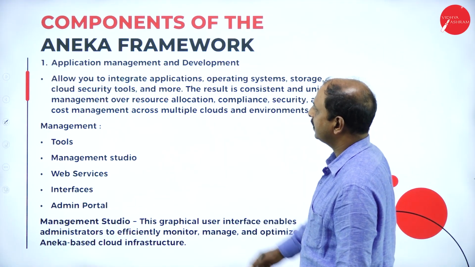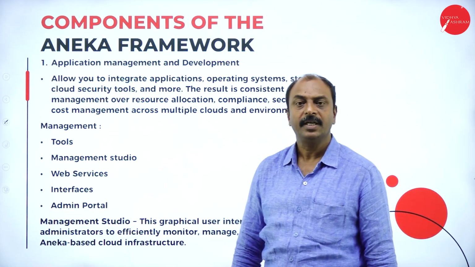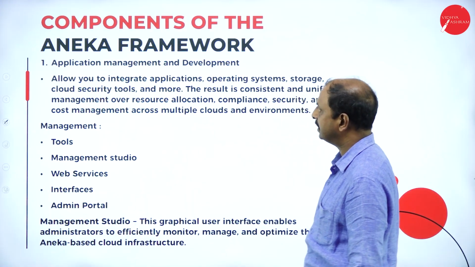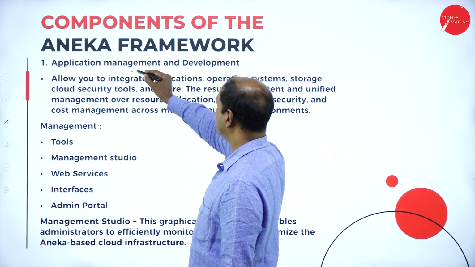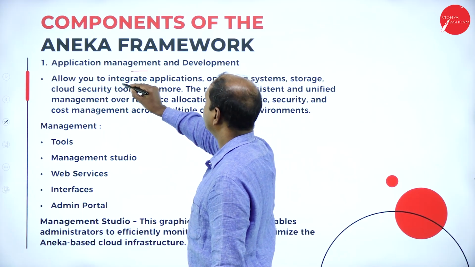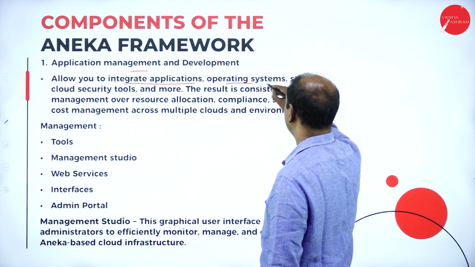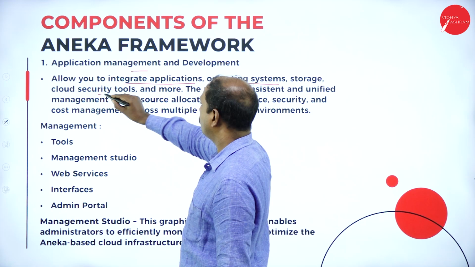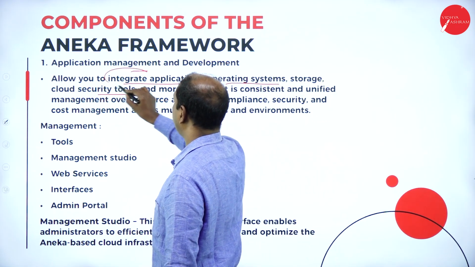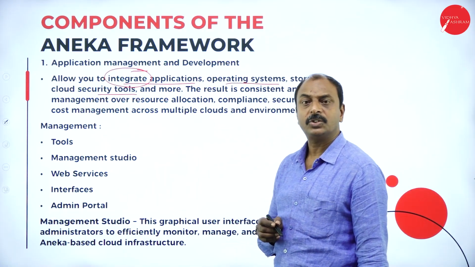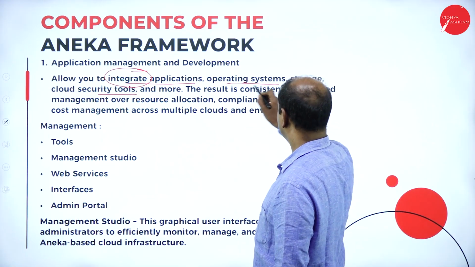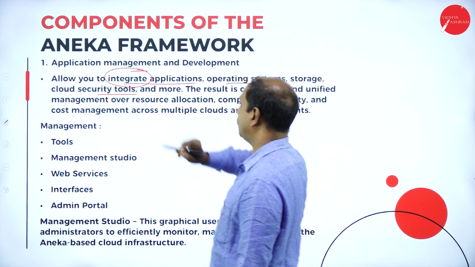Now let us see the functions of the different components of the architecture. The first one is application management and development. What is the function of this? It allows you to integrate applications, operating systems, storage, cloud security tools, and more. It is a collective service consisting of operating system, storage, and security tools.